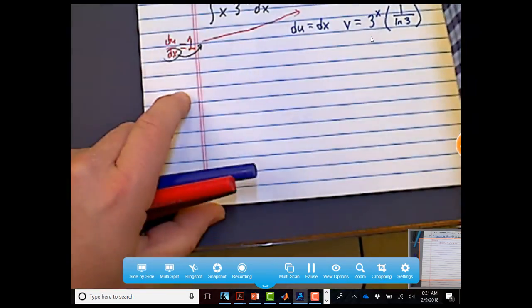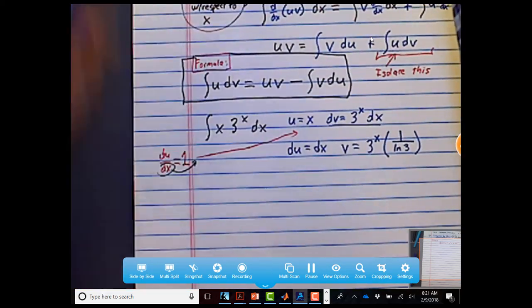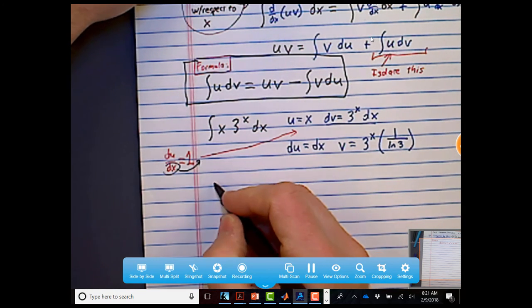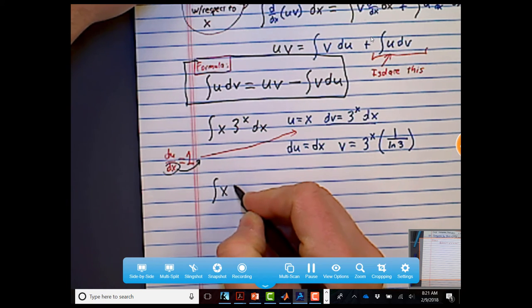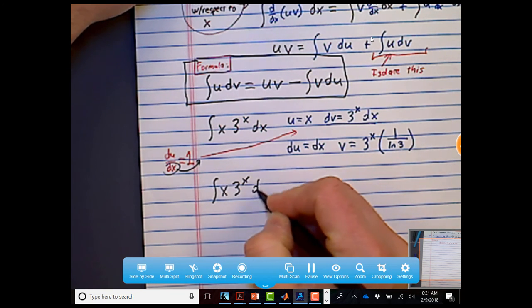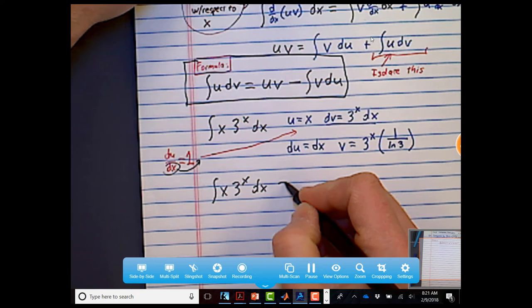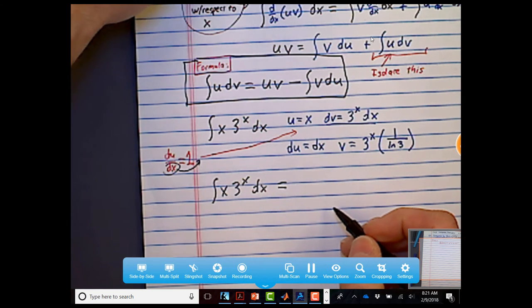So let's use that formula here. Okay. And since this formula is true, we can write down the integral of x times 3 to the x dx. By the way, you would have no idea how to do this before I gave you this formula. I'm just pointing that out. It equals, according to the formula, u times v.